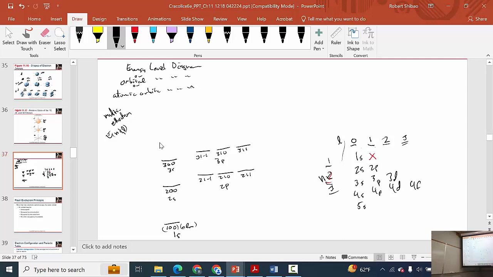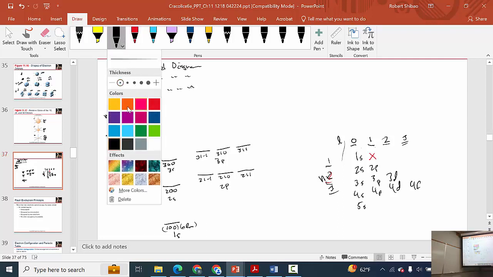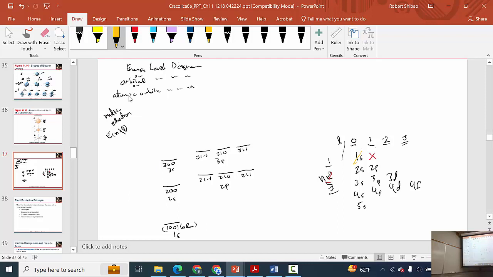But a weird thing happens here, and this weird thing happens because of the shells here. And so if I look at this, the first shell starts with an S and ends before the S here.